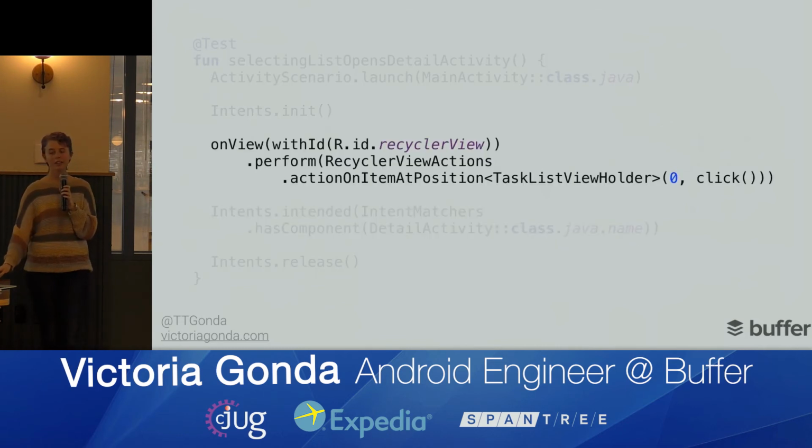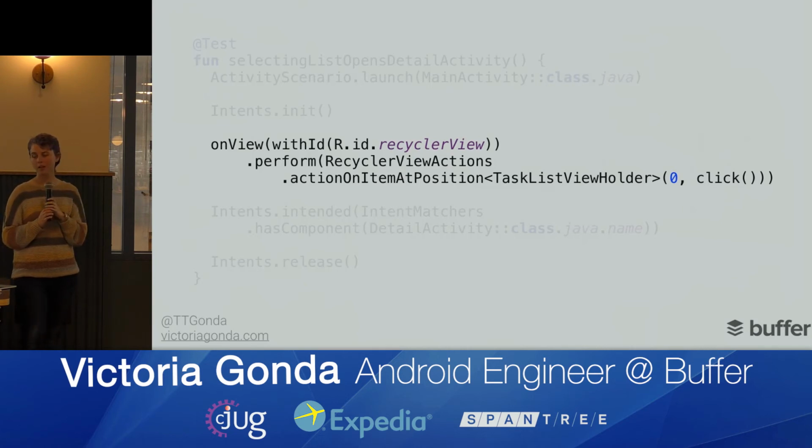Now to use the recycler view matchers and actions that are a part of Espresso contrib, we use the recycler view matchers to click on the first task in a list, which is a view action. First by matching the recycler view by ID, then using the perform action at position 0 to click on that first item in the list.